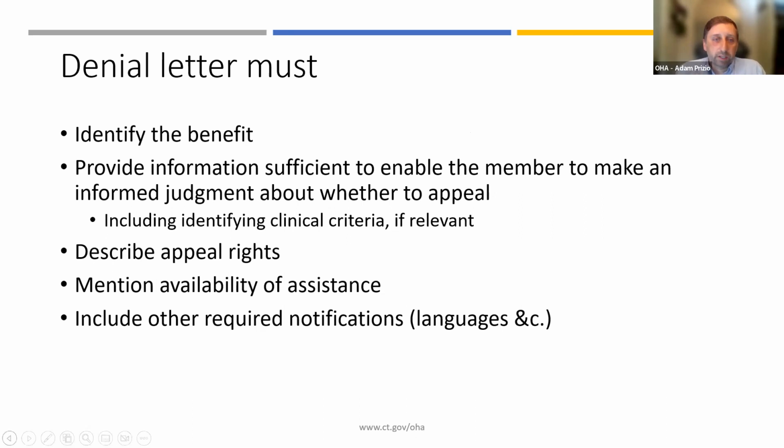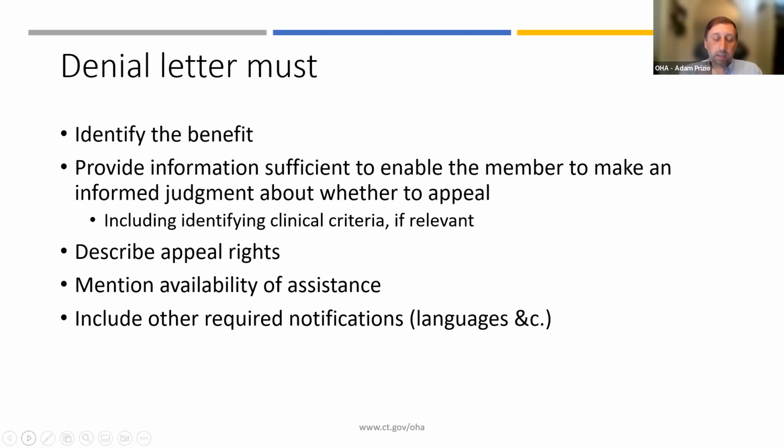When they provide that information, they're supposed to include the identifying clinical criteria, if relevant, or the rule that they're applying, the policy, the law, the basis for why they're saying we don't think we should have to cover this or reimburse this.